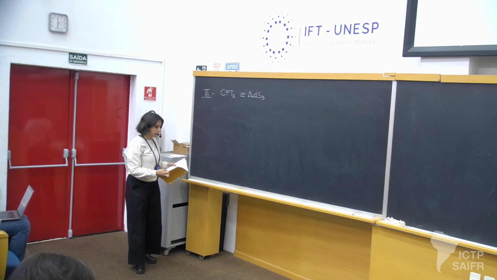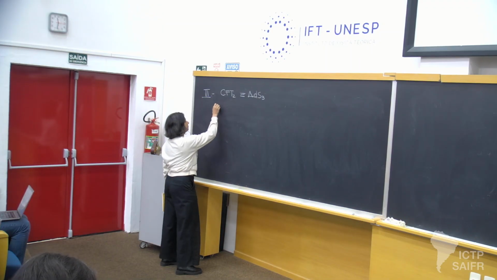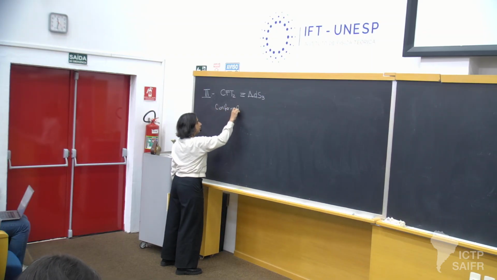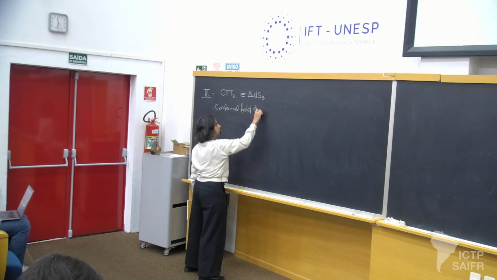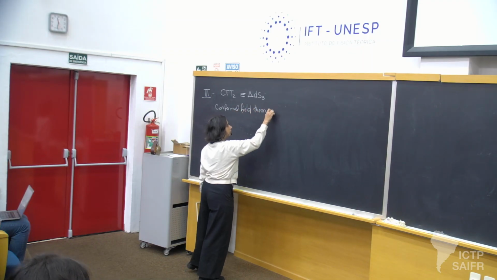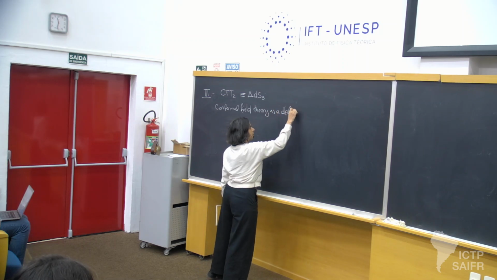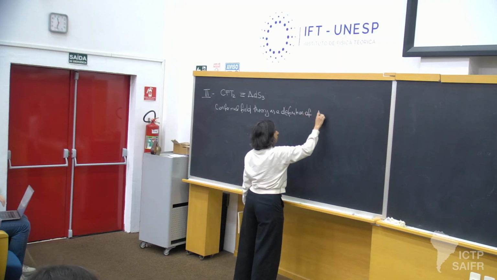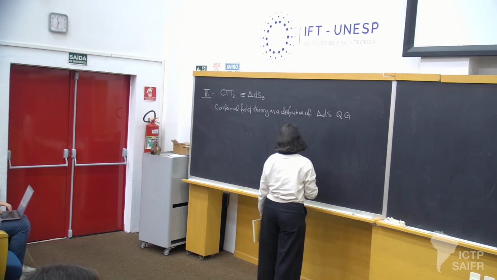So what am I intending here? So basically, conformal field theory as a definition of AdS quantum gravity, okay?